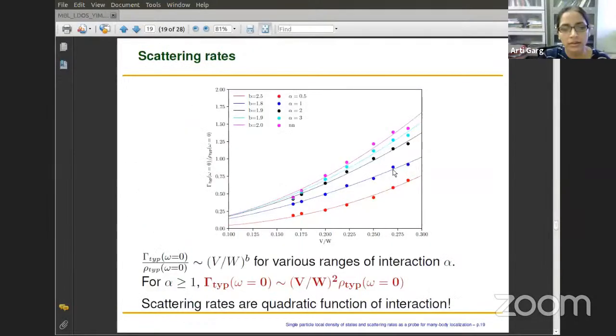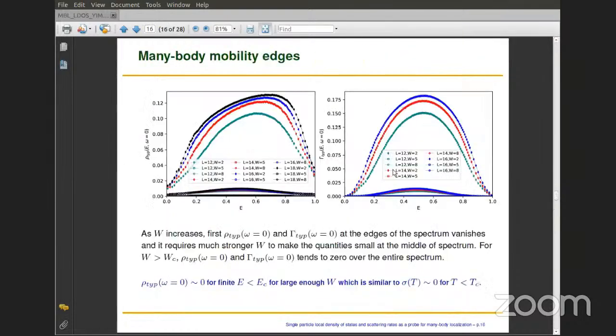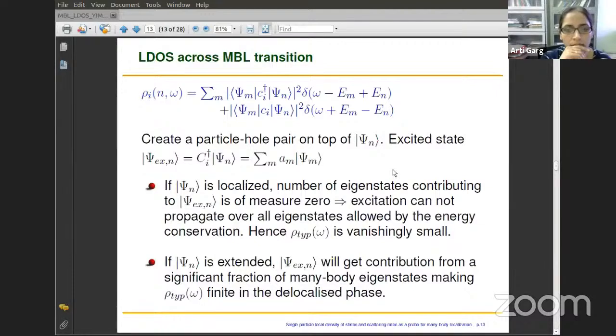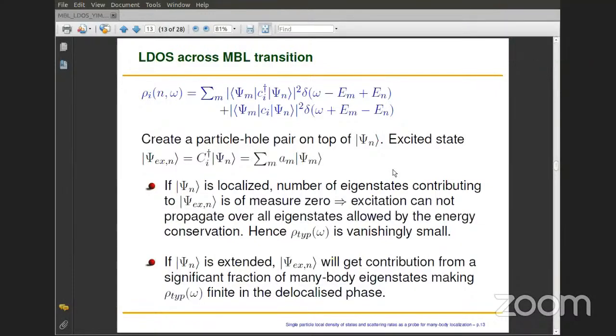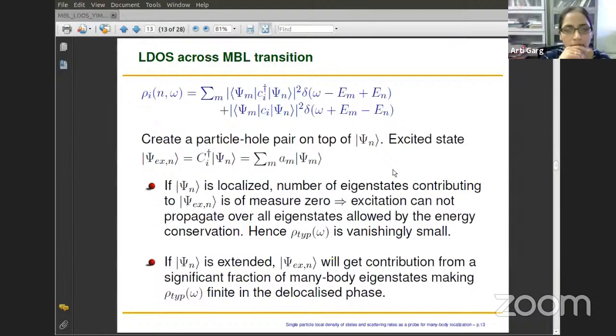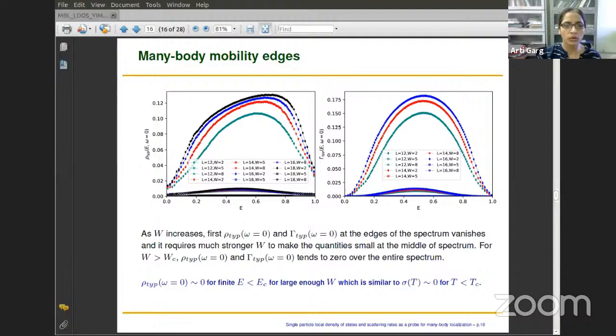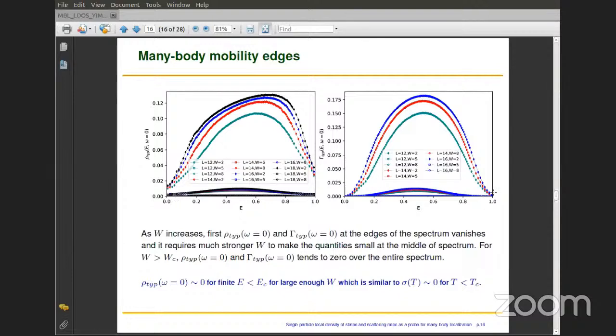No, I didn't understand the question. Sorry. Okay, so the question is, even on the MBL side, there is a set of high energy states which are measure zero, but the number is large, in which if you create a local excitation, that excitation actually spreads throughout the system. So if you look at this figure, can you see this figure? So are you talking about the states? No, I'm not talking about the mobility edge or anything.